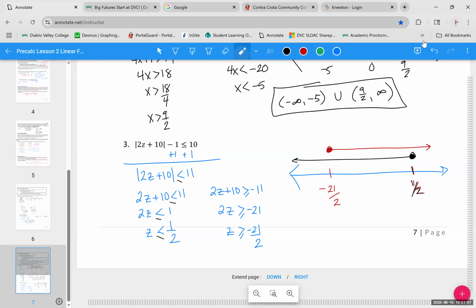It would include the -21/2, and it would be everything this way. So where's the overlap? You can clearly see that in between these two numbers would be the overlap, and because these are closed dots, the overlap will include both of those endpoints. So my final solution would be -21/2 to 1/2.